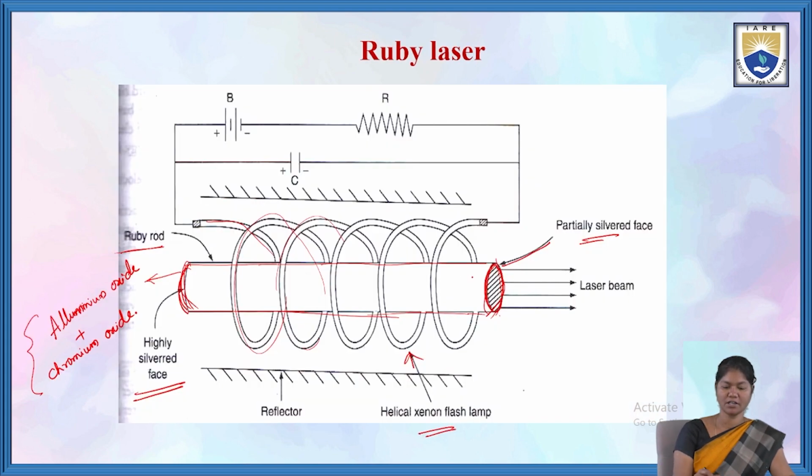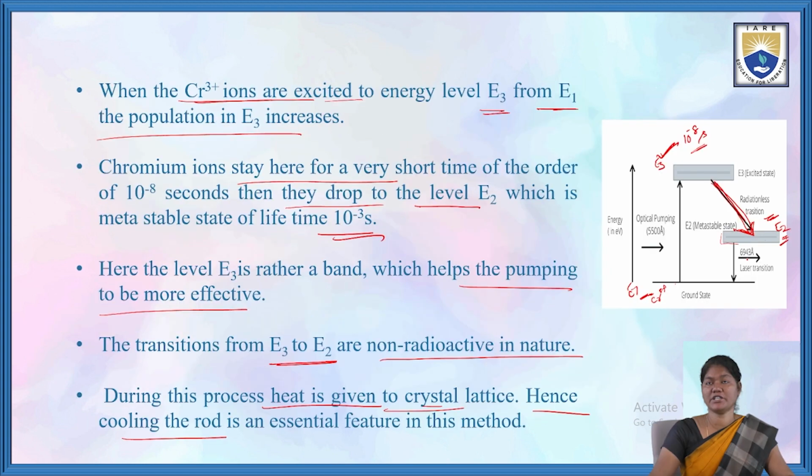In this way, the emitted photon triggers further transitions, as chromium ions get excited from E1 to E3.